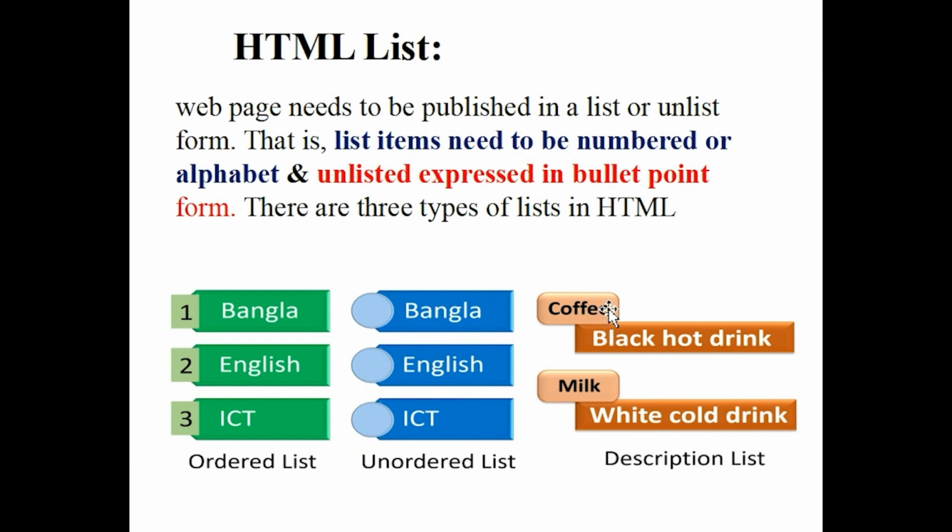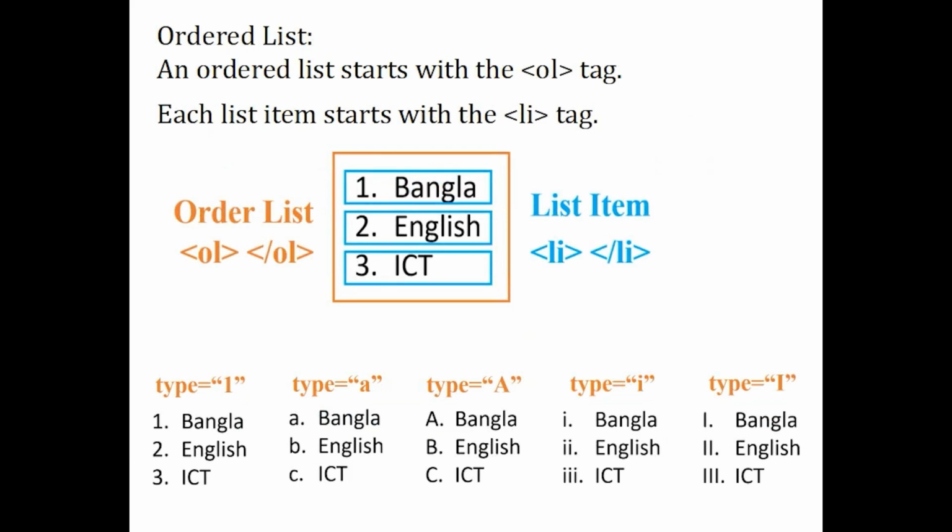And on the right, the description of the coffee, black hot drink, milk, white cold drink. This is the description of coffee and the description of milk. So we could use these three list possibilities in HTML.